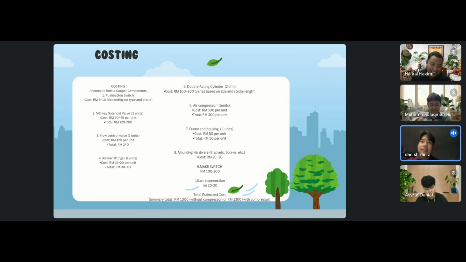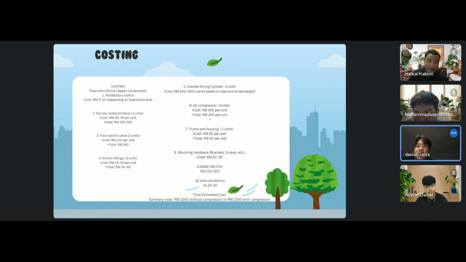And the fourth component is airline fitting. We need 6 units. It will cost 50 ringgit to 20 per unit, and it will cost RM 30 to 40 in total. And for the fifth component, we will spend around 100 to 200, which is the double acting cylinder.